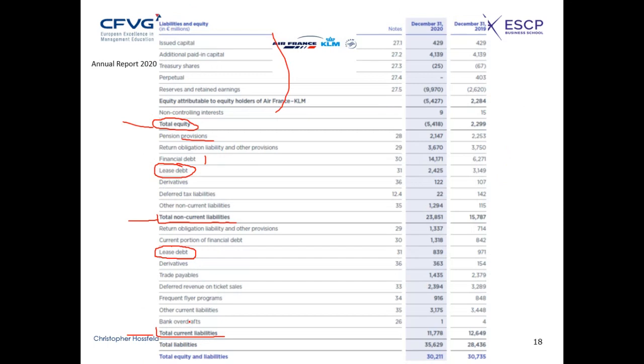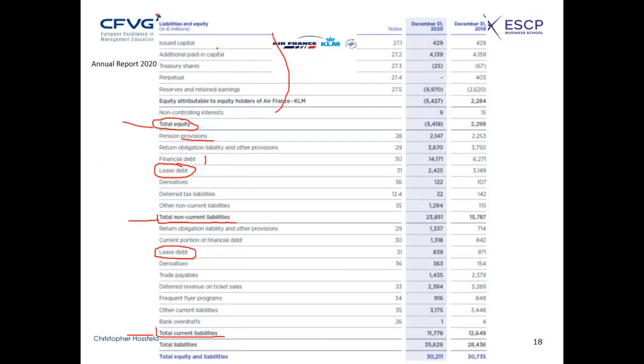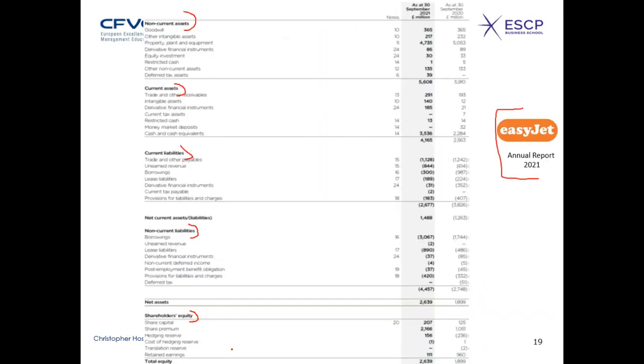If I compare to Air France, for example, Air France lists all the assets, and then we show total assets in the balance sheet. Then Air France lists all equity and liabilities, and we end the balance sheet with total equity and total liabilities.